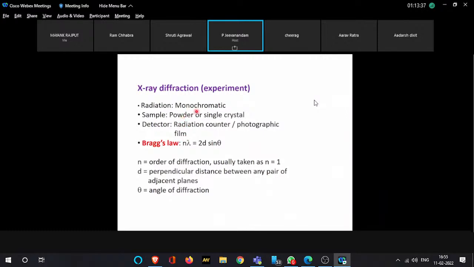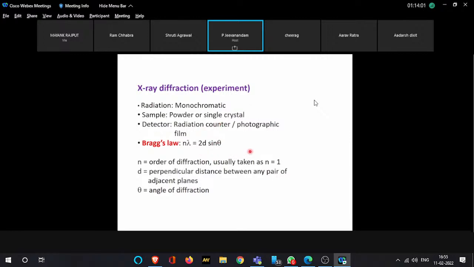And the sample can be powder or it can be single crystal. Remember, a powder is also called a polycrystalline material. A single crystal is a single crystal. And X-ray diffraction is based on Bragg's law, n lambda equals 2d sine theta. All of you are familiar with this.